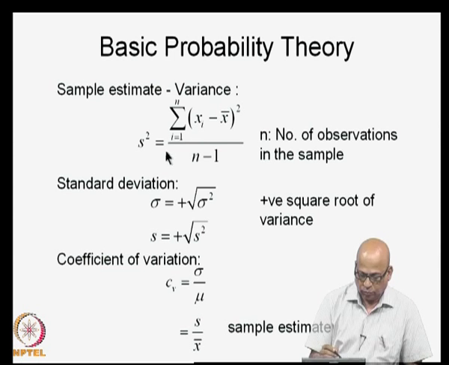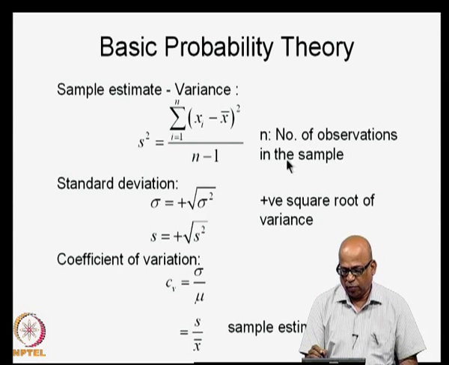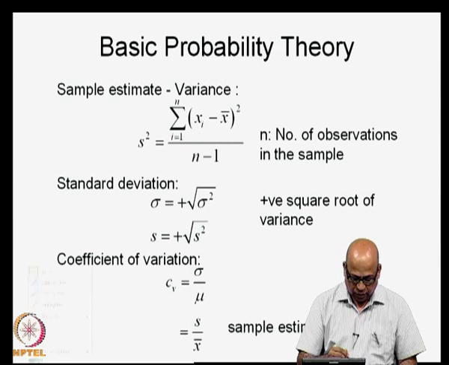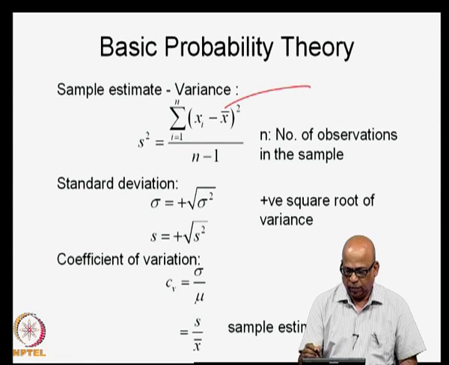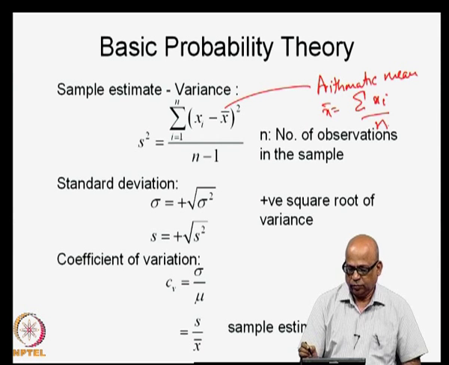So, the sample estimate for the variance is denoted as S square, which is equal to the sum over i equal to 1 to n, where n is the number of observations in the sample, of (xi minus x bar) the whole square, where x bar is the arithmetic mean, and x bar is given by the sum of xi over n, over all i equal to 1 to n.